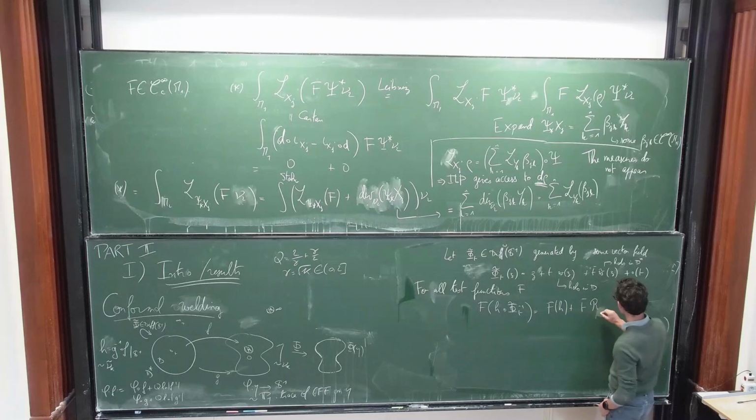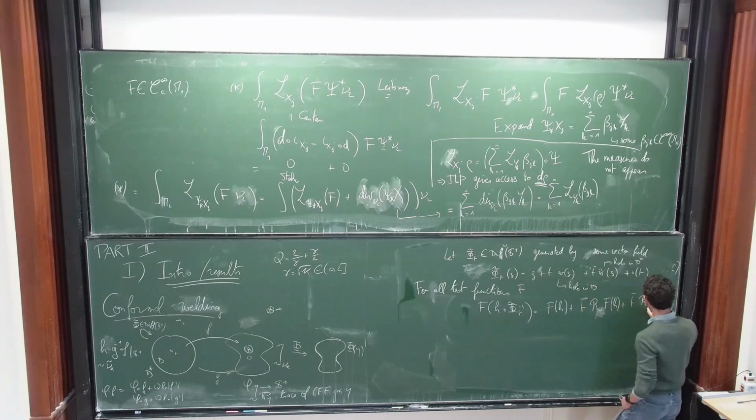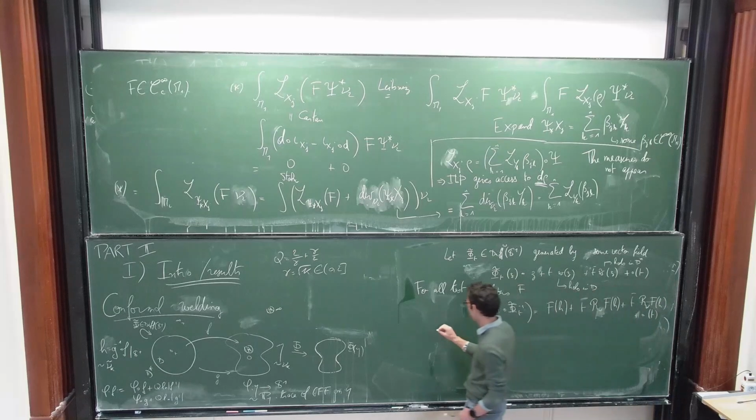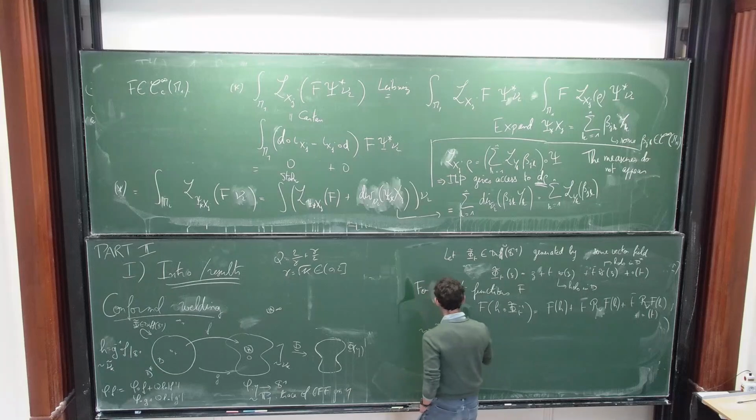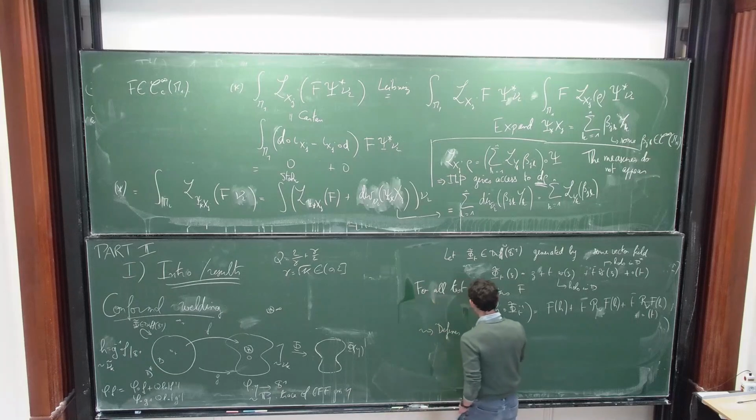So let's do R_W then. R_W of F is F plus t, plus t bar, plus a little o of t. And this is defining operators.